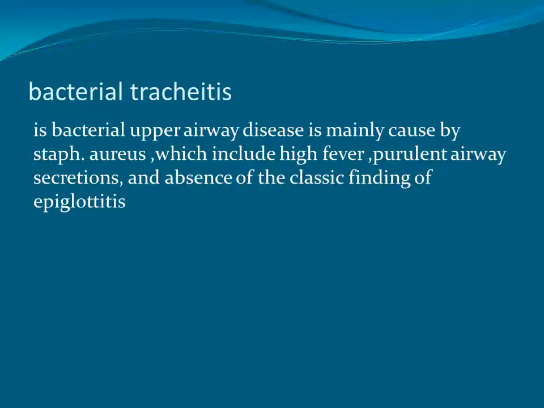Most patients develop croup and don't improve, their condition worsens, they get more fever and increasing respiratory secretions. This means they may develop bacterial tracheitis. So in any patient with croup and deterioration, you suspect development of bacterial tracheitis.